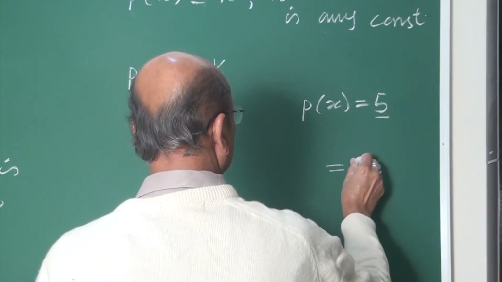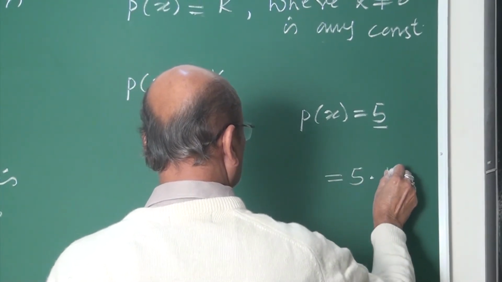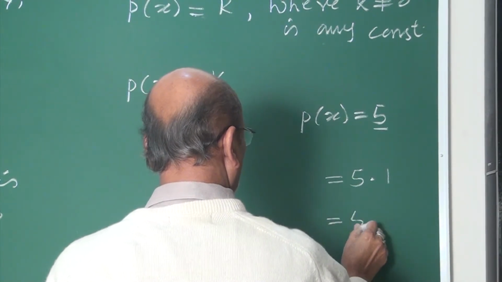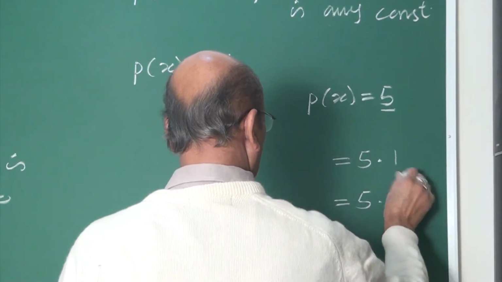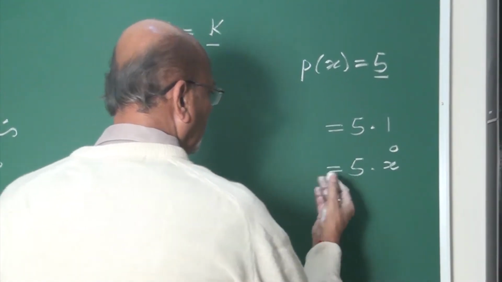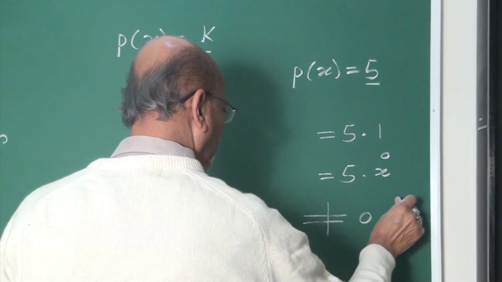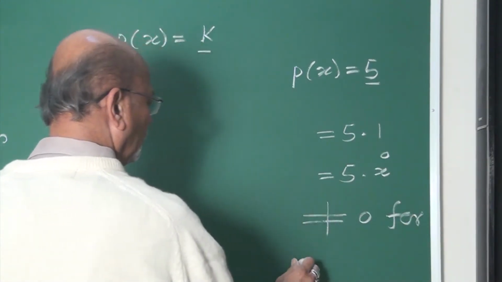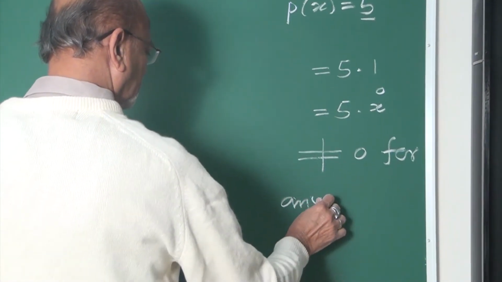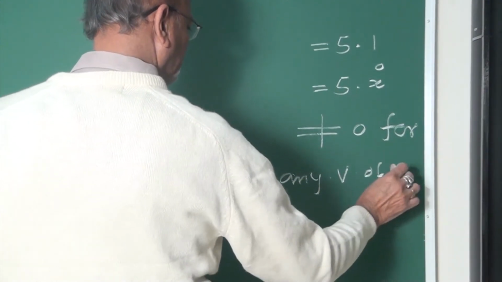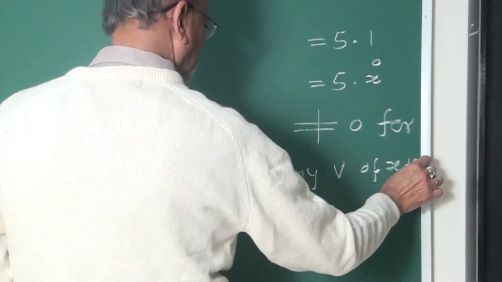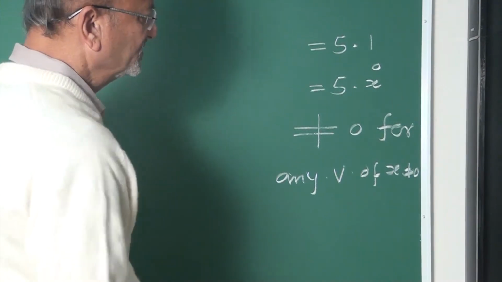This can be written as 5 into 1, and you know 1 is x to the power 0. What about this? It never becomes 0 for any value of x, where x is other than 0.